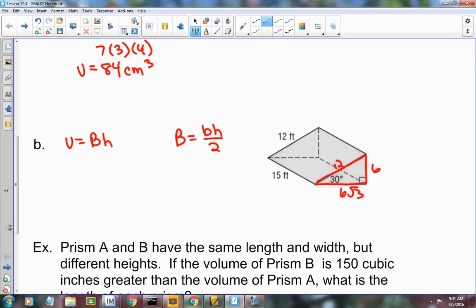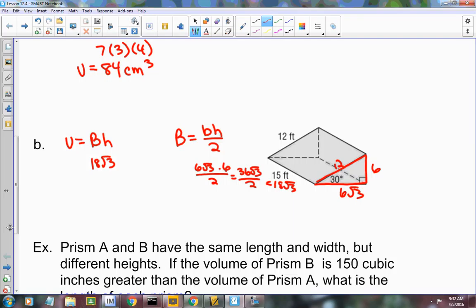radical 3. So base times height divided by 2, we get 6 radical 3 times 6 divided by 2, which is 36 radical 3 over 2, which is 18 radical 3. So the area of my base is 18 radical 3, and then the height, what's the height of my prism? 15.